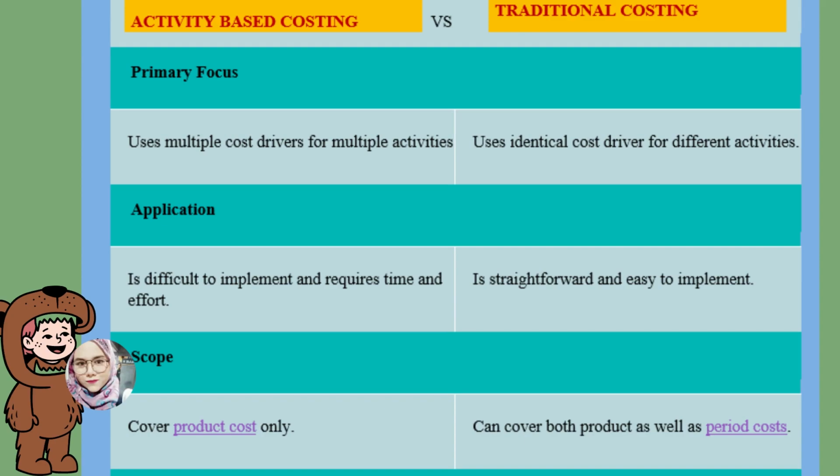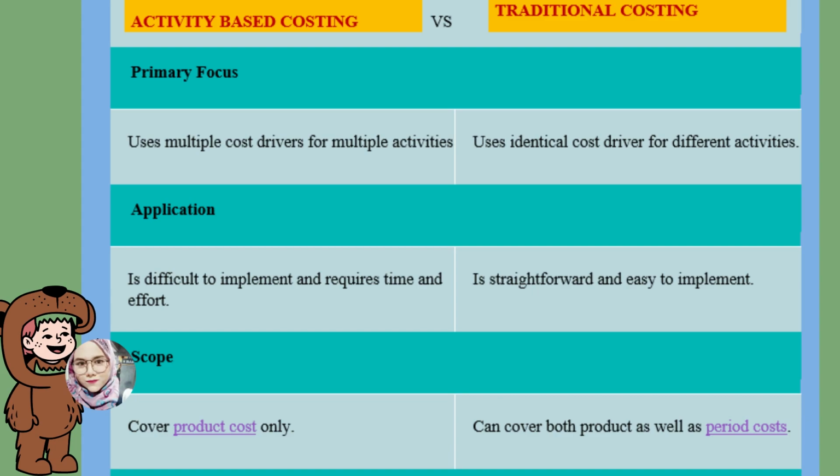Second, application. Activity-based costing is very difficult to implement and requires time and effort. Traditional costing is straightforward and easy to implement. Third, scope. Activity-based costing covers product cost only.